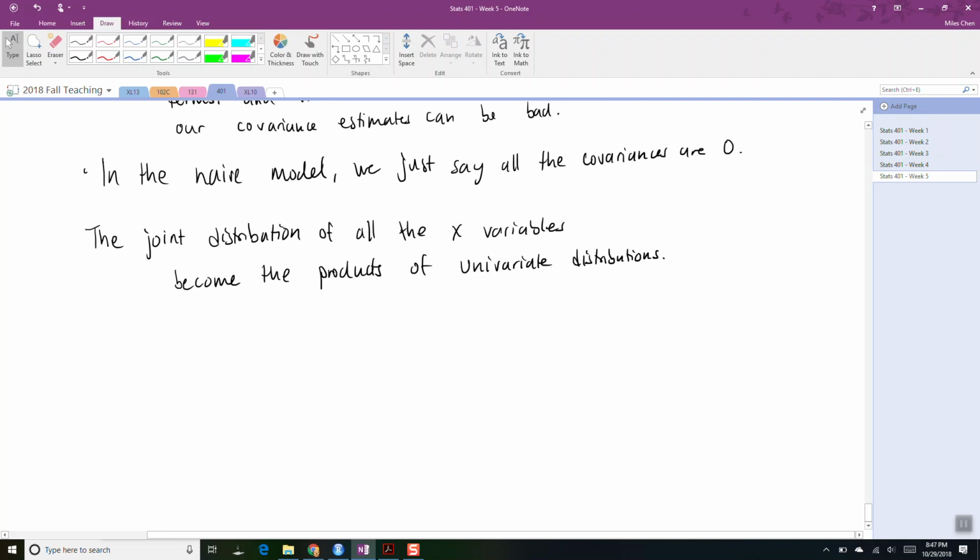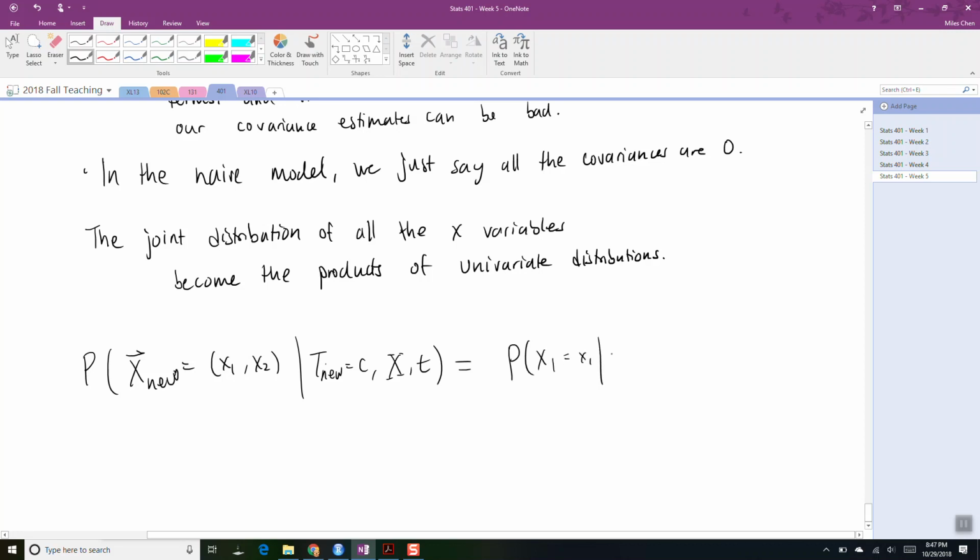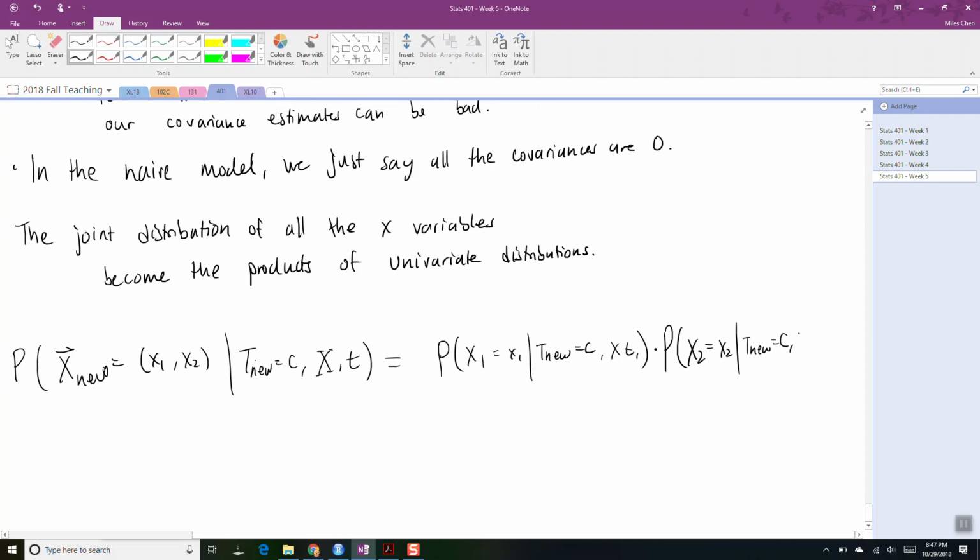So the probability of x new taking on the values x1 and x2, given the class and our training data, just becomes the probability that x1 equals your x1 value given the class and the training data, times the probability that x2 equals your x2 value given the class and your training data.